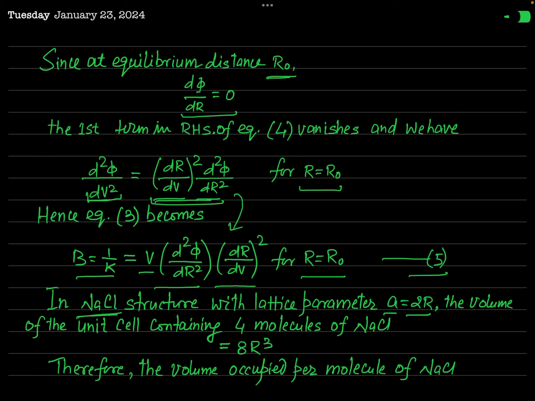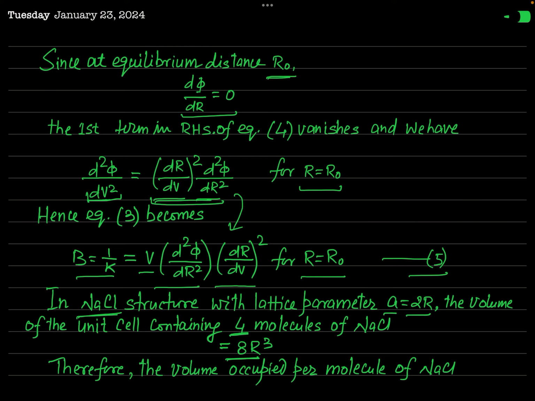And if the unit cell of NaCl consists of 4 molecules, that is 4 Na plus ions and 4 Cl minus ions, then the volume of the unit cell of NaCl crystal is 8R cube. You can remember it, okay? Because you have already learned these things in your previous lectures.